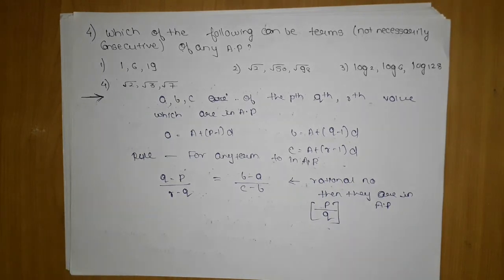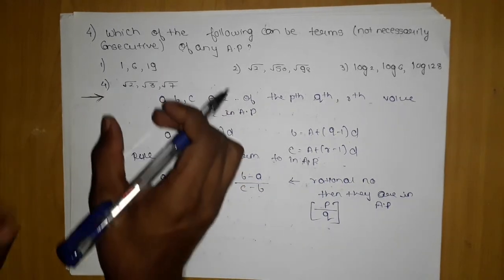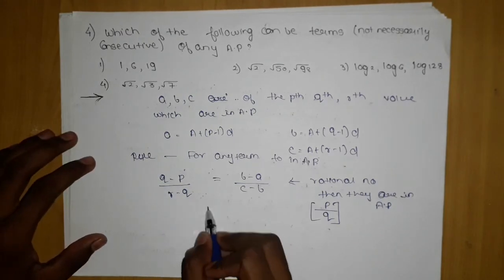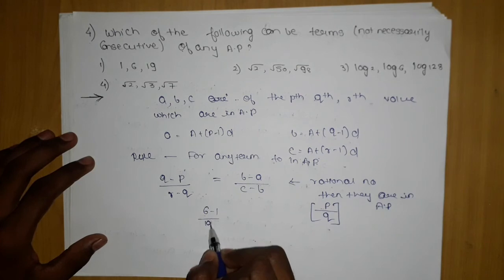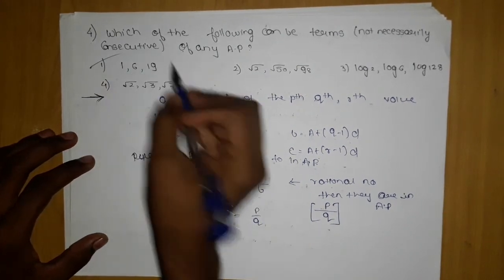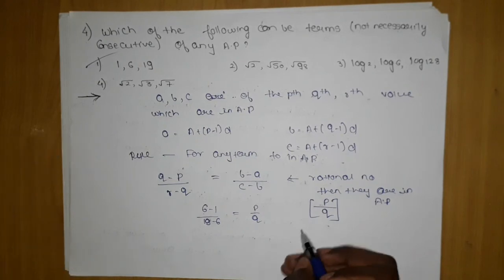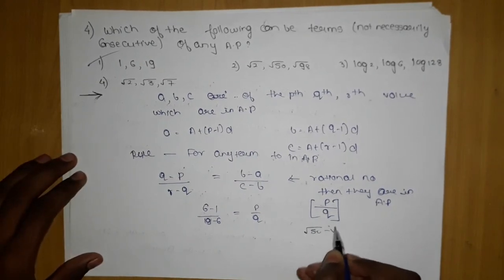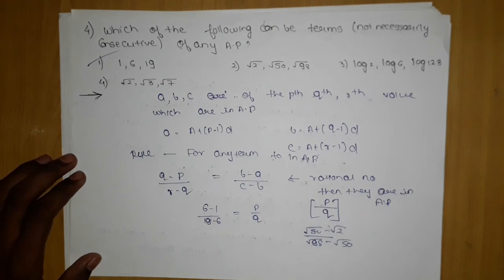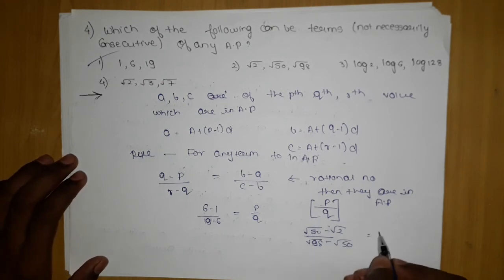Okay, so how are we going to get this? Now let's take the numbers and check them separately. 6 minus 1 upon 19 minus 6. It is very clear it will be of the form P by Q, so the first is correct. The next is under root 50 minus under root 2 upon under root 98 minus under root 50. So we have to check this number, which gives 50.